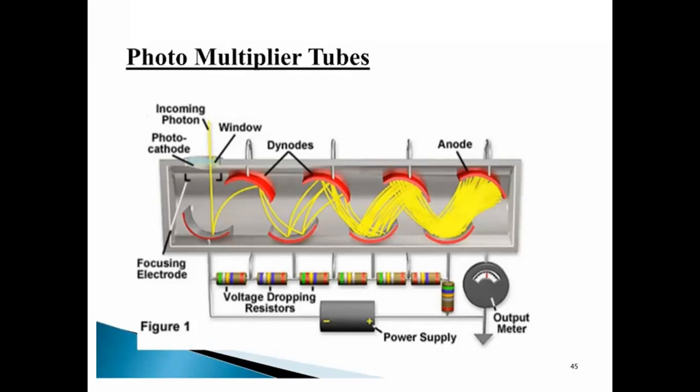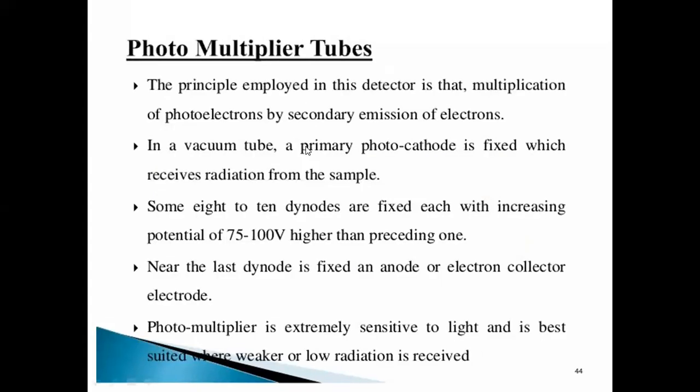So n number of, or many, dynodes are fixed in an evacuated glass bulb, and finally one anode is there. As soon as the radiations fall on the cathode plate, it emits electrons. The same electrons get attracted by the different dynodes, and due to this the signal is very intense. That is one of the advantages of the photomultiplier tube.